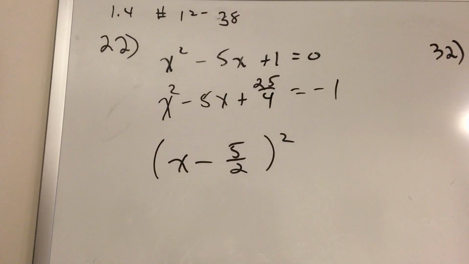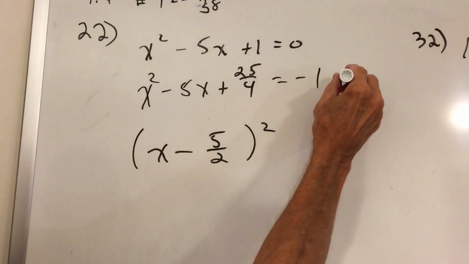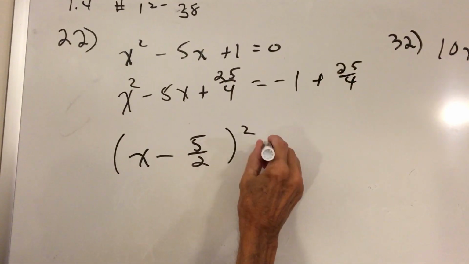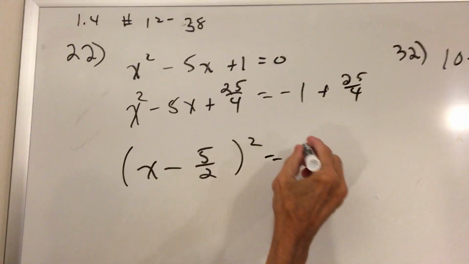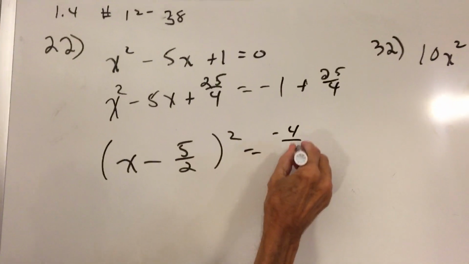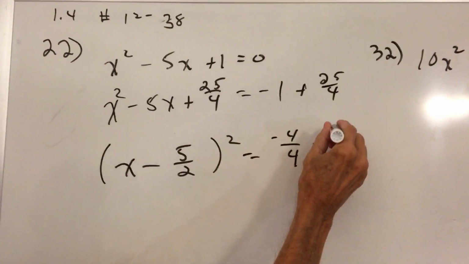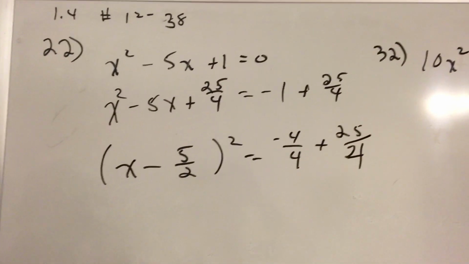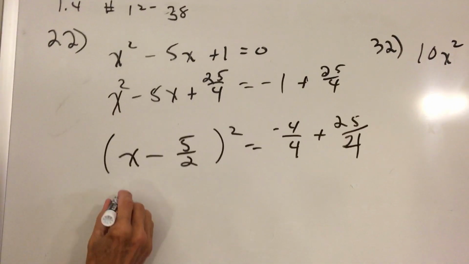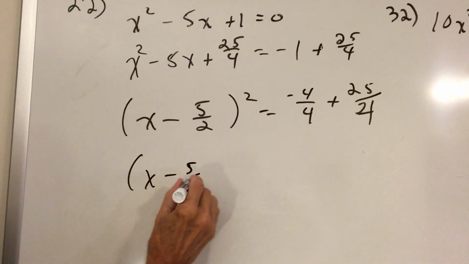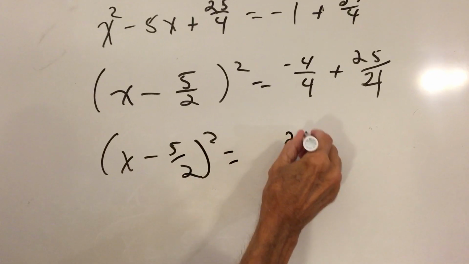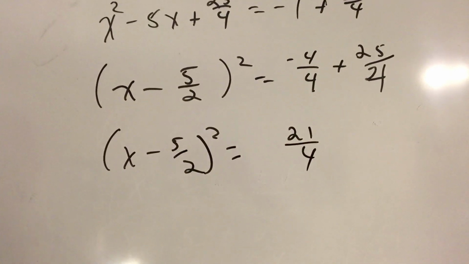But whenever we add to one side, we add the other side. Now changing that becomes negative 4 over 4 plus 25 over 4. So that's x minus 5 halves squared is 21 over 4.